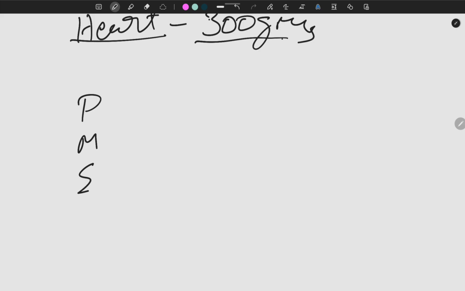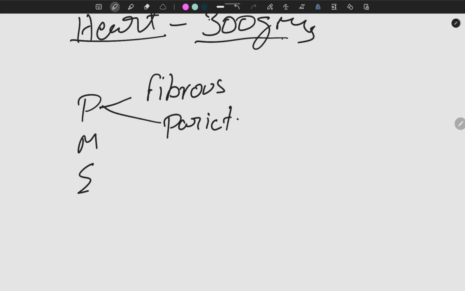Again, in the pericardium we have two types, fibrous pericardium and parietal pericardium. And the next ones are the myocardium and endocardium.